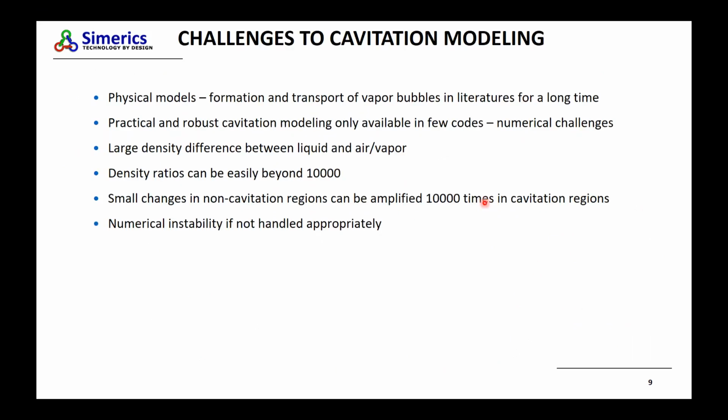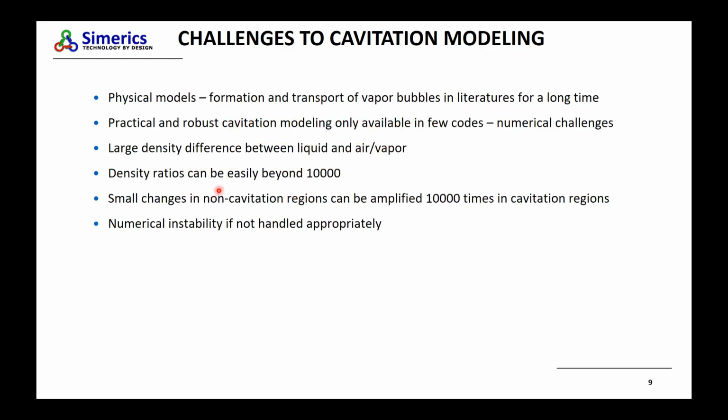So what are the challenges to modeling cavitation? I would say cavitation modeling, formation and transport of these vapor bubbles, has been in literature for a very long time. It's not something that is recent. I would say practical and robust cavitation modeling is available only in few codes due to some numerical challenges. I think the numerical challenges are mainly the large density gradients, differences between the liquid and the vapor phase.